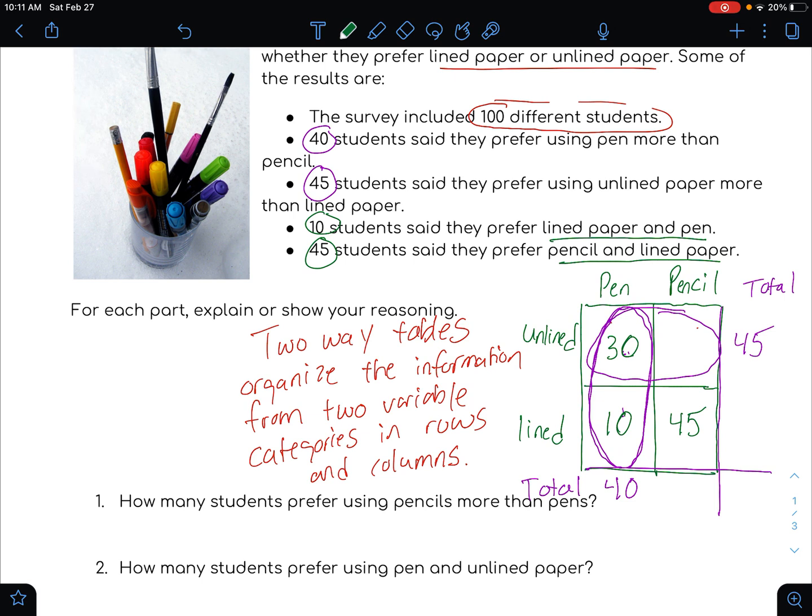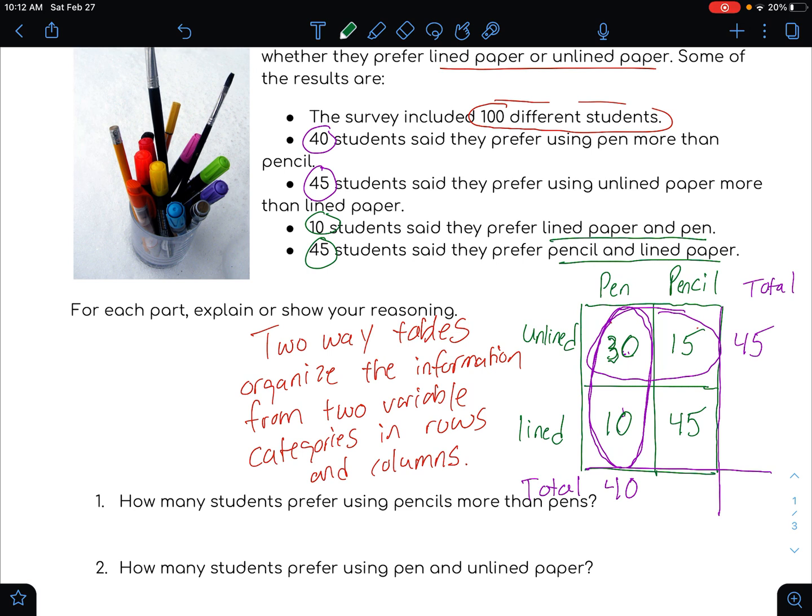Let's see what else we can fill in here. Going across on the unlined paper, we have 30 right here that prefer pen. So how many would then prefer pencil if we have a total of 45? So 30 plus 15 would add up to 45. So there must be 15 students that like unlined paper and pencil.